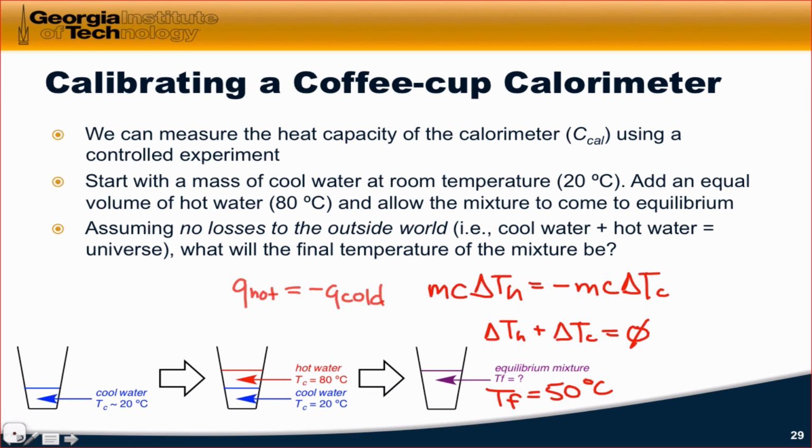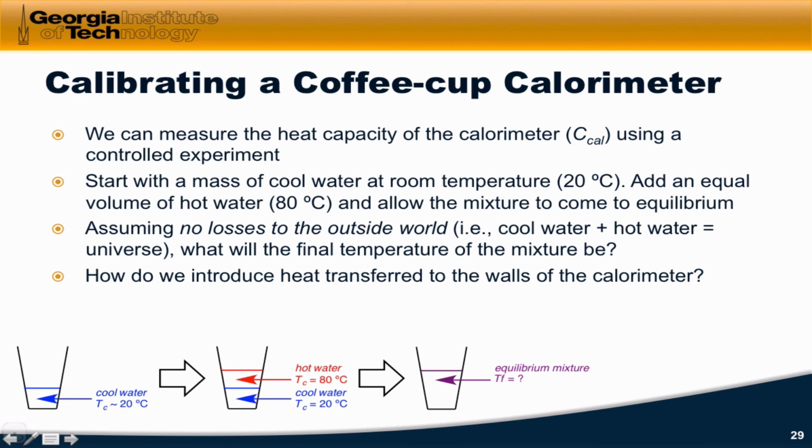How can we introduce the heat transferred to the walls of the calorimeter into this mix? Well, we need to start with the same idea that the system's heat is equal to the negative of the surroundings heat, but we need to incorporate into the surroundings the calorimeter walls.